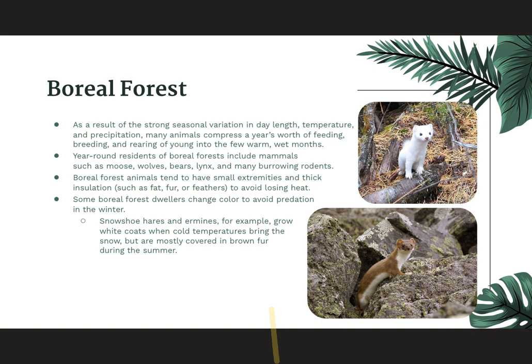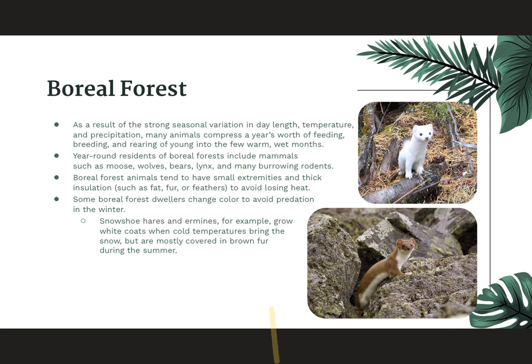So, year-round residents of the boreal forest include mammals such as moose, wolves, bears, lynx, which is a type of cat, and many burrowing rodents. Boreal forest animals tend to have small extremities and thick insulation, such as fat, fur, and feathers, to avoid heat loss. Some boreal forest dwellers change colors to avoid predation in the winter.